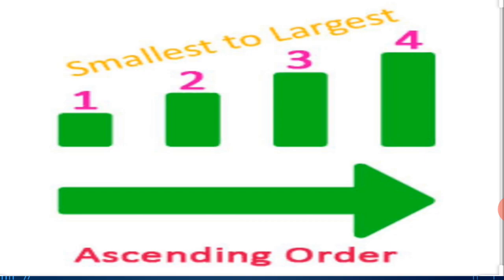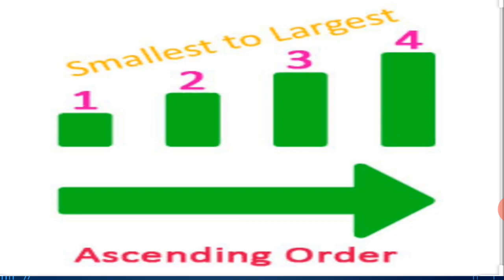Students, as you all can see over here, in ascending order, we go from the smallest number to the largest number. Over here some blocks are given. Number 1. After number 1 comes 2. So, 2 is greater than 1. Very good. Then after 2 comes 3. So 3 is greater than 2.